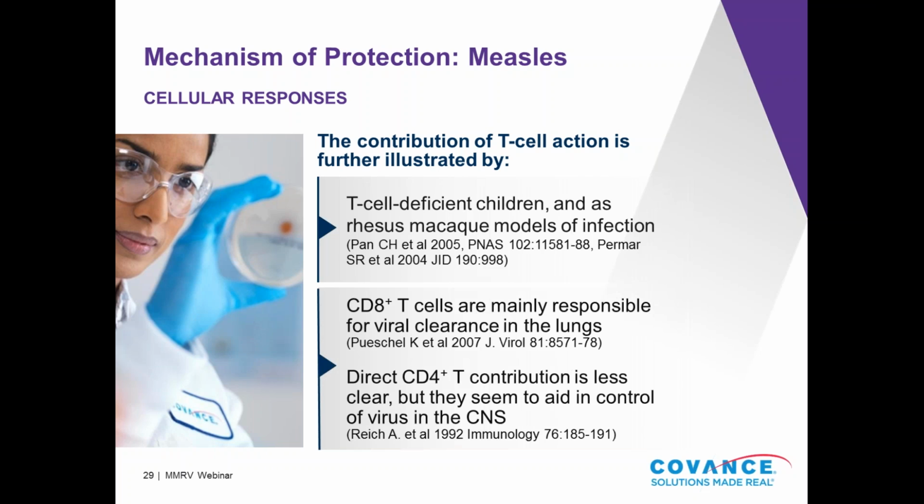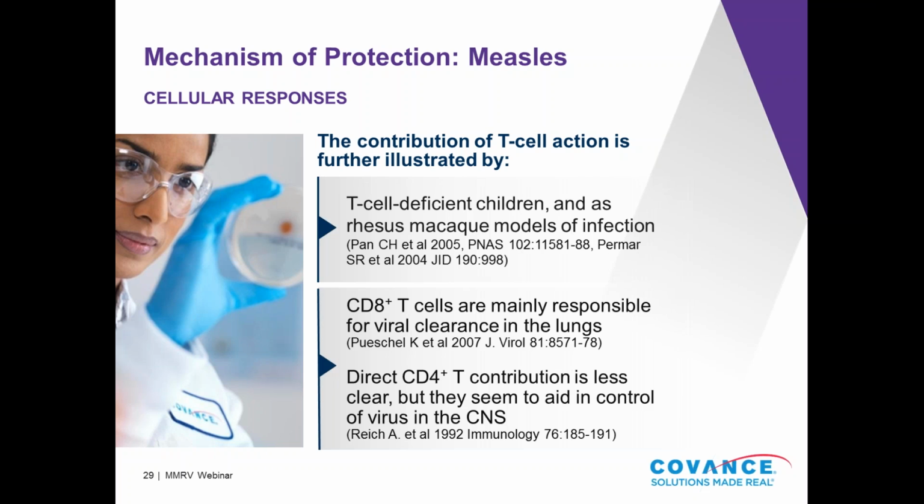In animal models, whereas CD8 positive T cells are mainly responsible for viral clearance in the lungs, only CD4 positive T cells seem to be necessary for control of viral replication in the CNS. In summary, by using solely the antibody levels as a correlate of protection, we could be underestimating the protection level elicited by the measles vaccine in certain individuals.